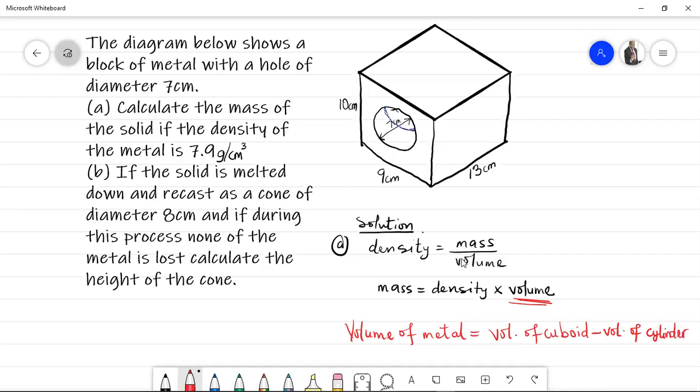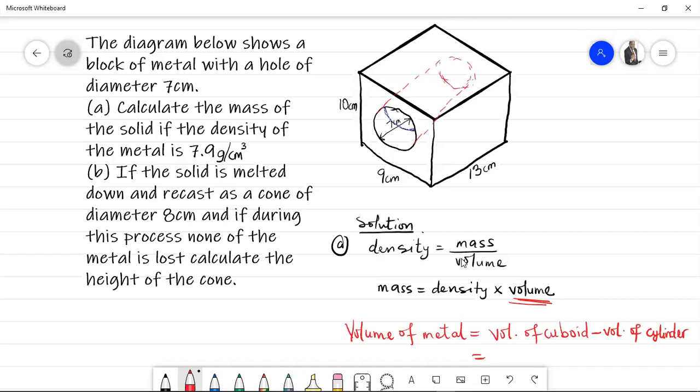If you are wondering how that hole forms a cylinder, when you imagine a hole inside a block like this, you will expect that at the end of it, it will go like that. And the hole will show, as I'm showing you now, on the other face of the cuboid.